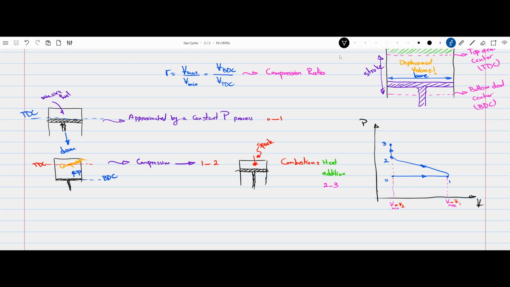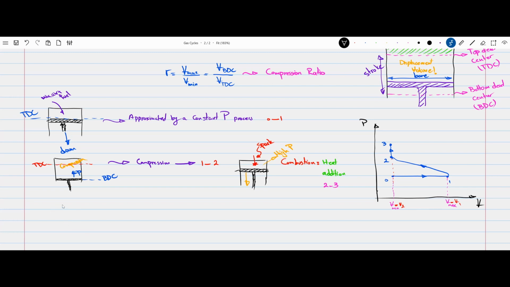Next on the stroke list, the hot gas here, because of the combustion, is now experiencing high pressure. You can even see that here: when we added heat, or the combustion process from 2 to 3, while the piston was on top at the TDC, the pressure of the gas spiked high, right? So this high pressure gas is now pushing the piston down.